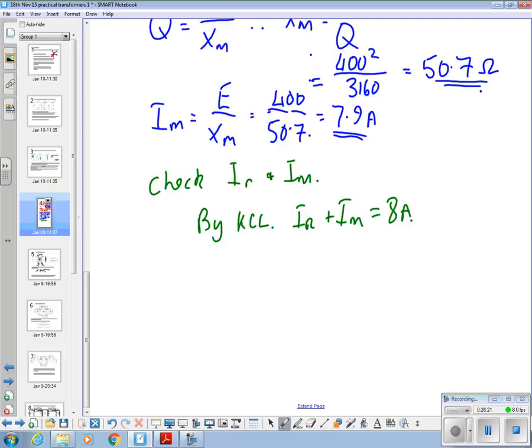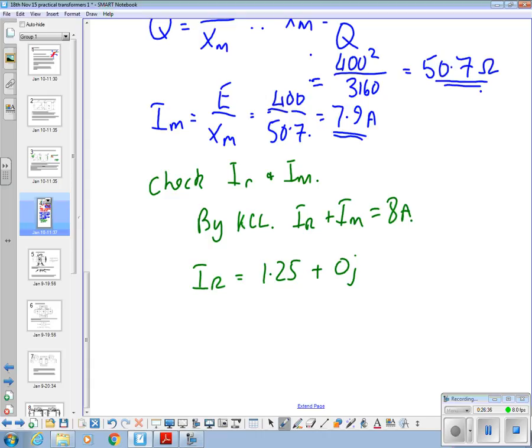Well, yeah. What we've got to do is say IR is equal to 1.25 plus 0j, isn't it? Yep.